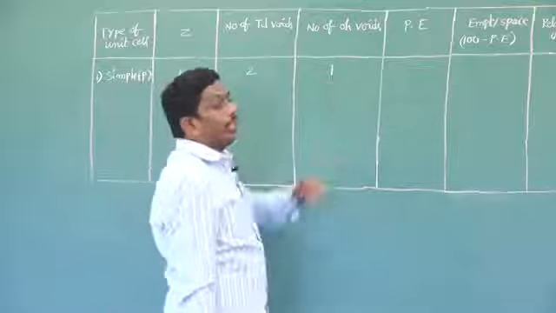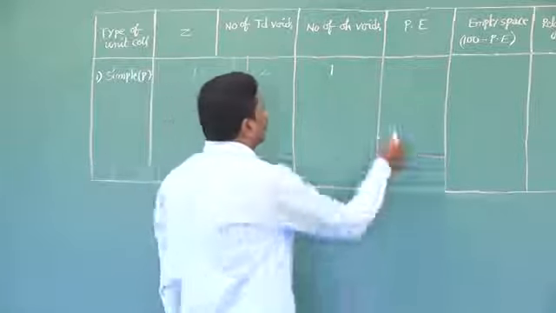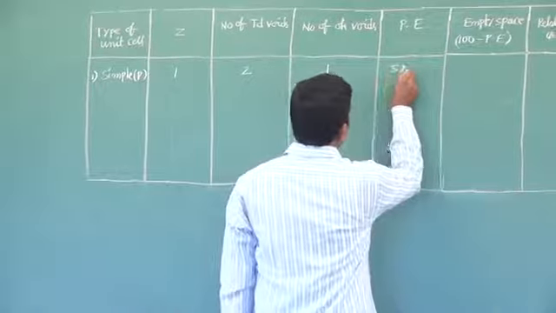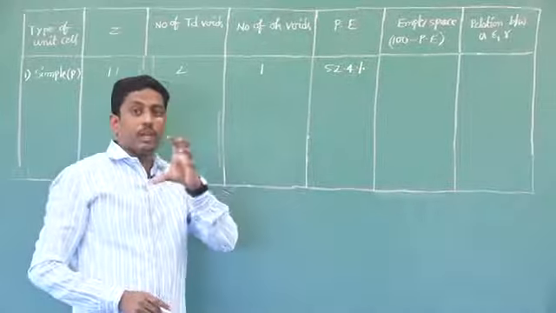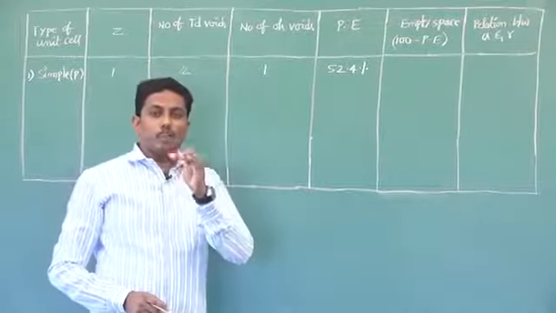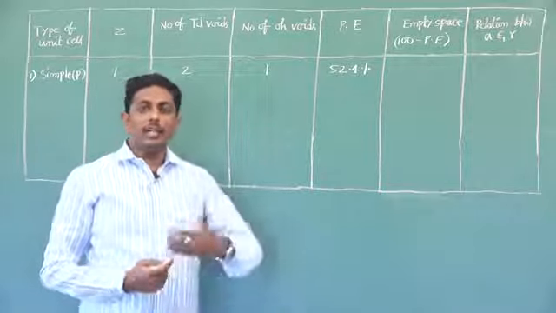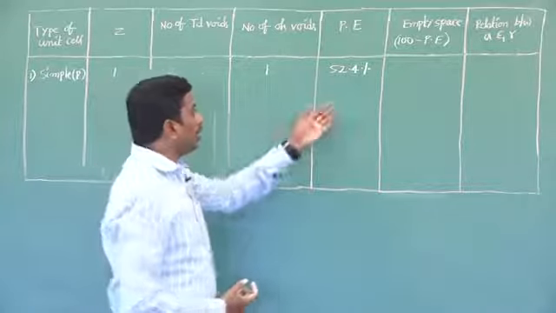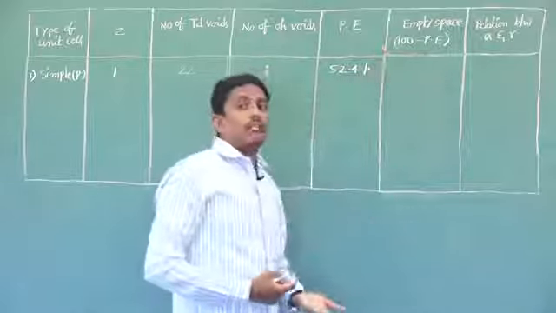And we already calculated packing efficiency in the case of the simple cubic system, that is 52.4%. It means if you take a unit cell of simple, 52.4% is occupied by spheres, means particles, and the remaining is empty space. So 100 minus 52.4 is equal to empty space, that is nothing but void.